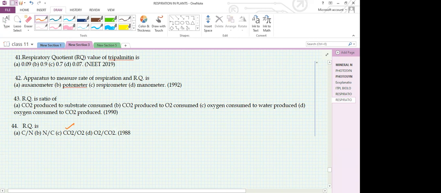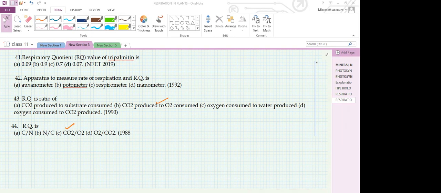So it is given in different ways. Which apparatus is used to measure the rate of respiration? Respirometer, manometer, which is that? This is with respect to breathing also. Can you tell me which apparatus is used? Respirometer is used to measure the respiratory quotient.